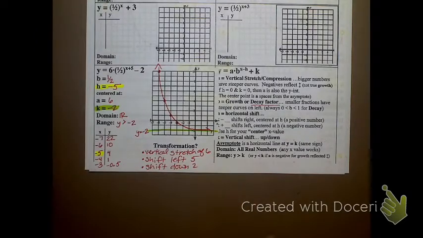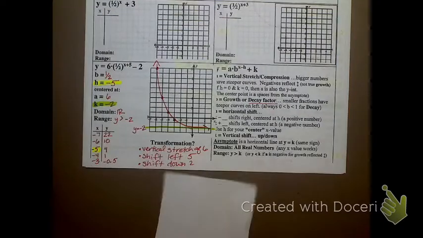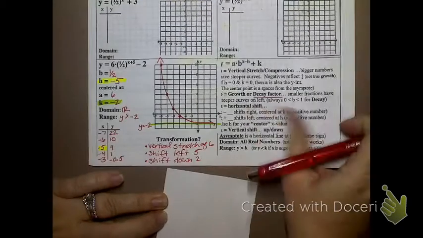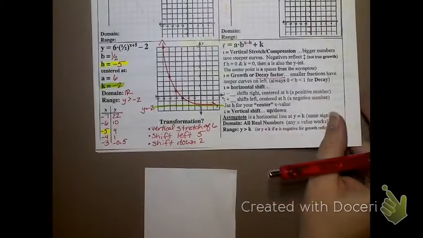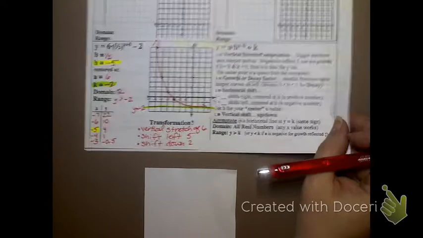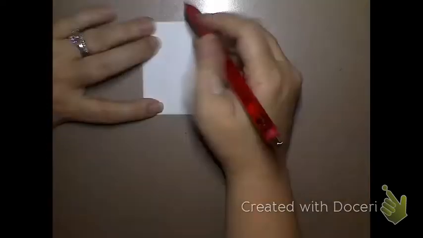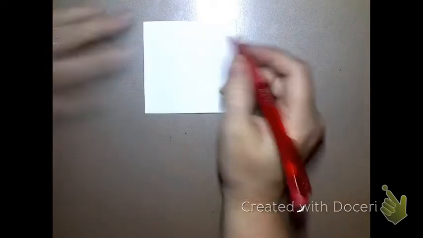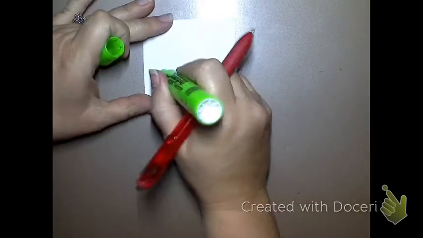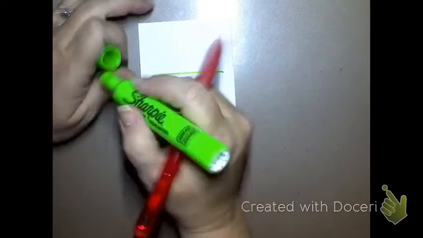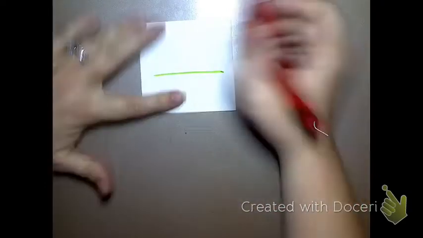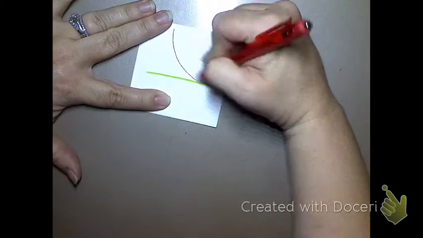Now, before I let you go, there's a couple things that I want to address. These are common things that I see and they drive me nuts because there are some people that are just so anxious to get done with their graph that they aren't careful with their graph. So they will be graphing, and I'm not going to do an XY axis, but here's your asymptote. Say that's your asymptote. And they'll be like, oh, it goes like this.